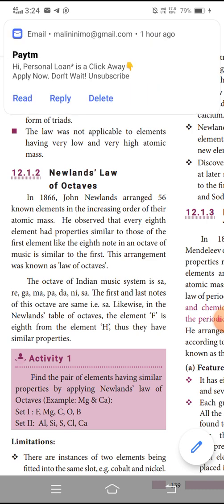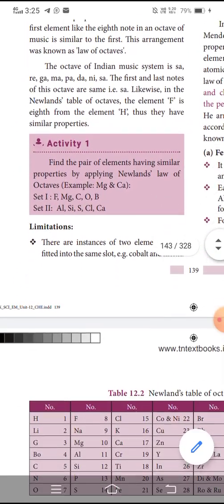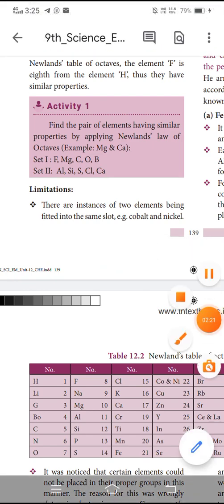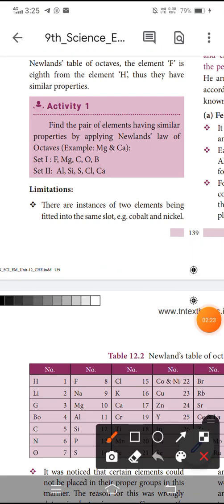Likewise, in Newlands' table of octaves, the element F is eighth from the element H. The first element is H and the eighth one is F, so these two have the same properties.